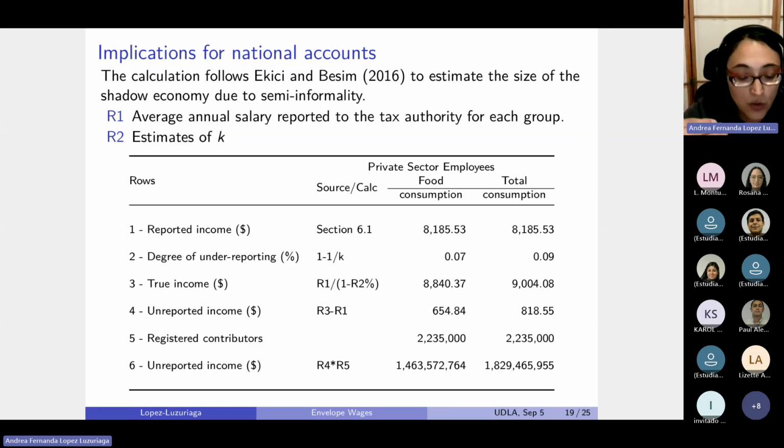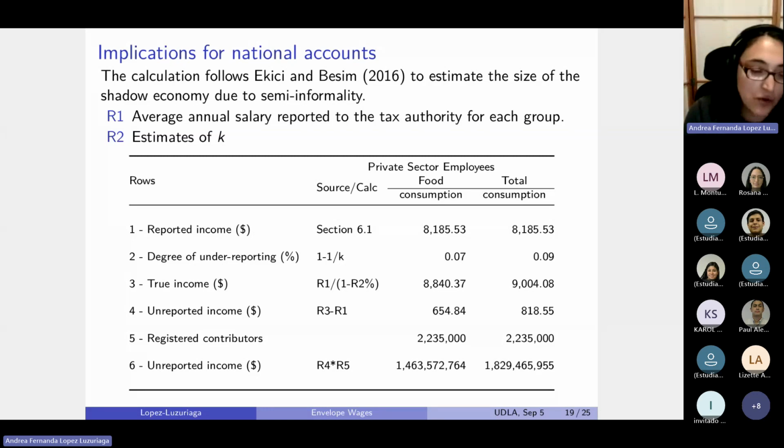This is what I keep doing row by row. The first one is the average reported annual income. Then I have the degree and the reporting income. In row number 3, we calculate how much the income would be if everyone were reporting truthfully.